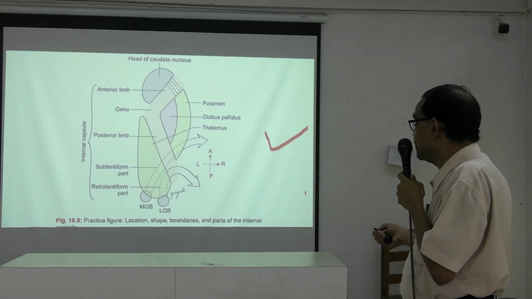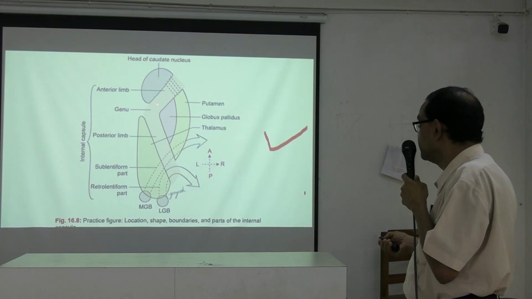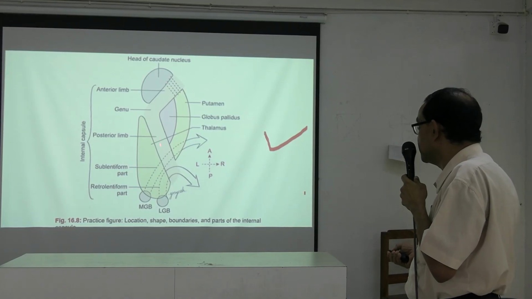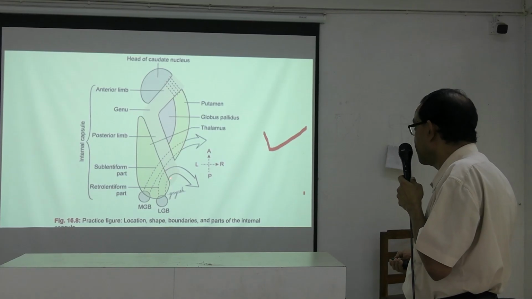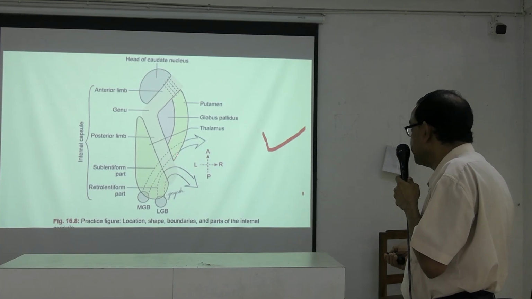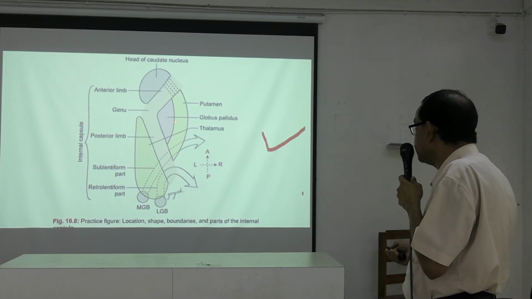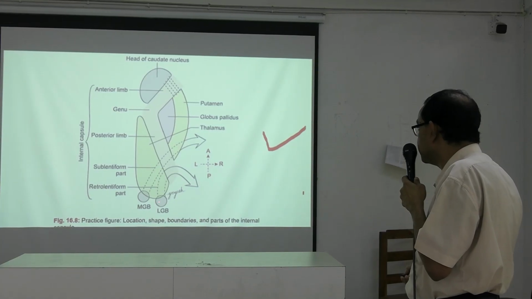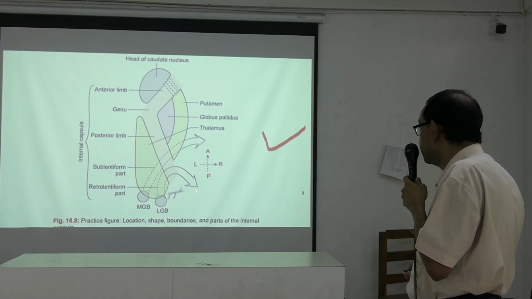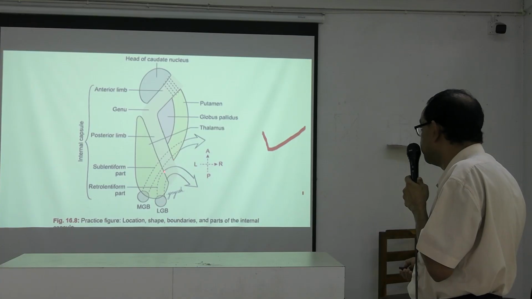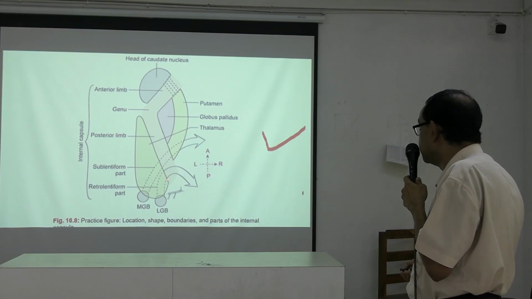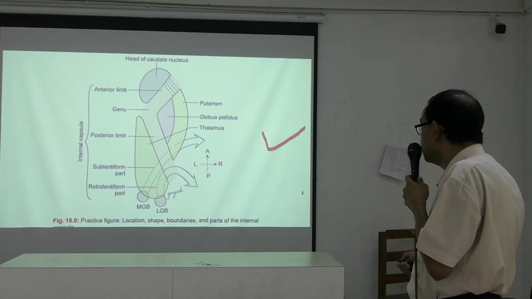So the internal capsule has got an anterior limb, this is the genu, this is the posterior limb. Okay, and behind this lentiform nucleus you can find these fibers are passing. This is called the sublentiform part of the internal capsule.